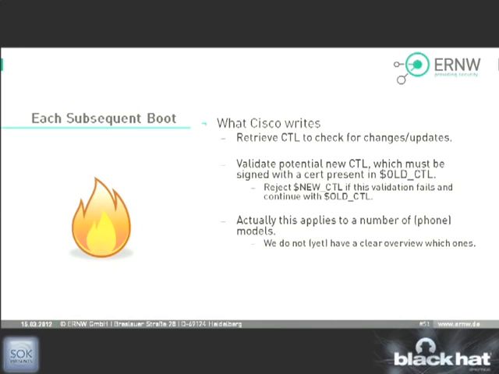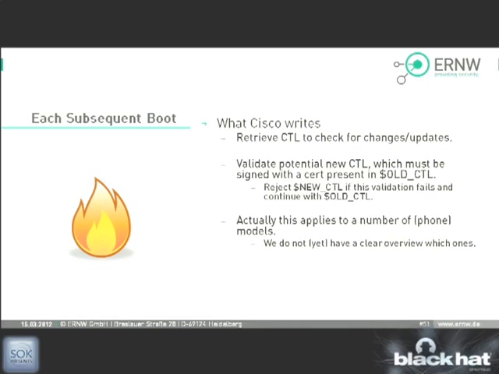In case it's a new CTL, with new key material in it, new certificates, whatever, the phone is supposed to check if this new CTL is signed by one of those certificates which were part of the earlier CTL, which from a process checking point of view makes sense. The phone is supposed to reject the new CTL if this validation fails and to continue with the old CTL.